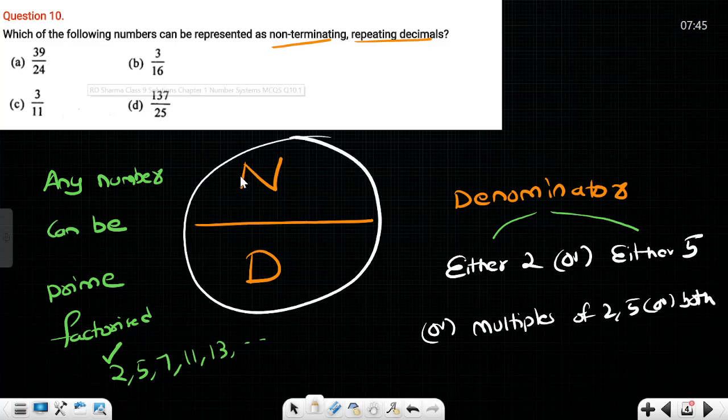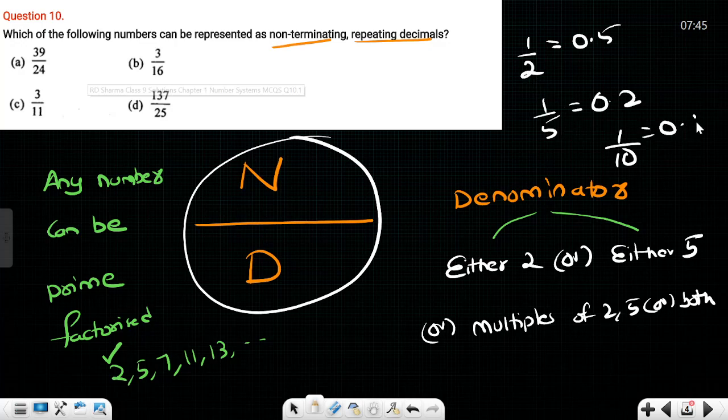It will not be repeating for a long time, and after some decimal digits it will stop. For example, 1 by 2 is 0.5, 1 by 5 is 0.2, 1 by 10, 10 is nothing but 2 into 5, is 0.1, it stopped. Only 2 and 5 should be there, then only that fraction will become terminating. It will stop after some time.